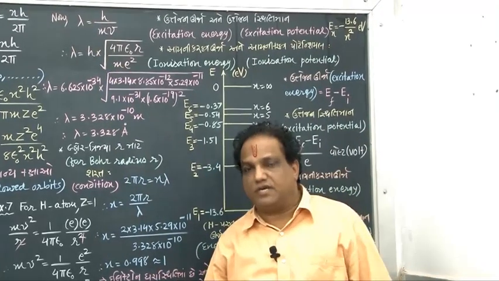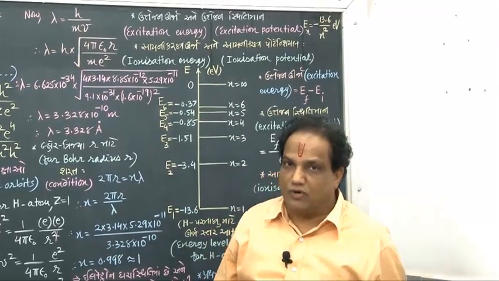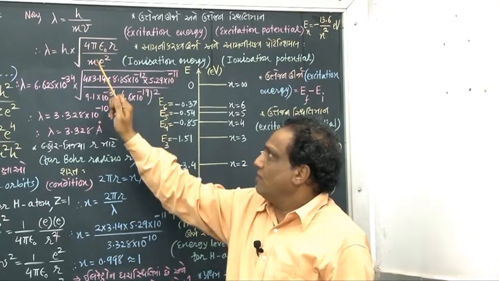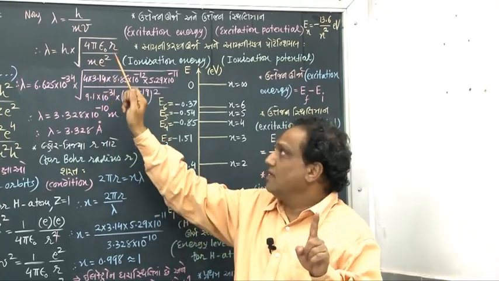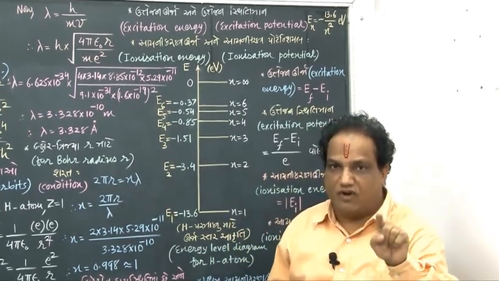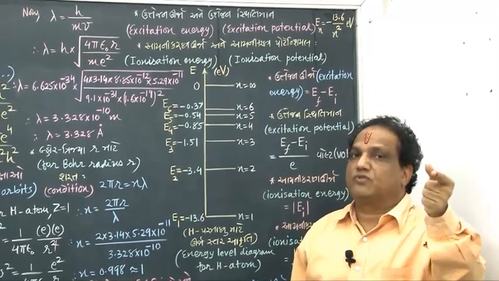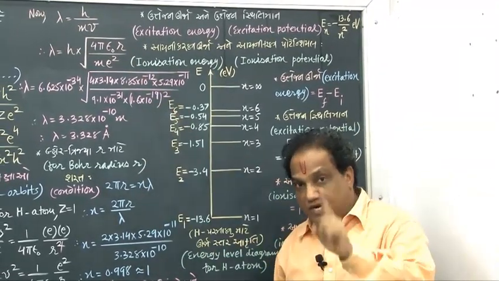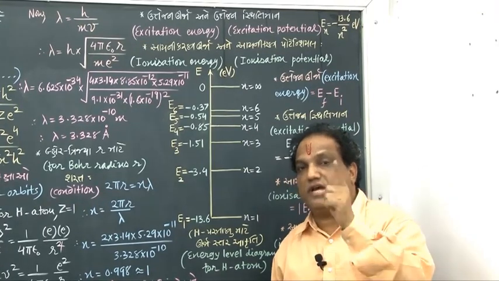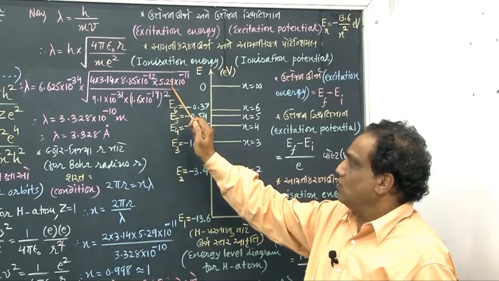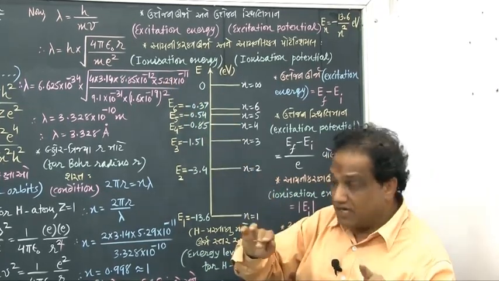h, Planck's constant, is 6.625 into 10 raised to minus 34 joule second, into under root of 4, pi value is 3.14. What about epsilon 0? Permittivity of vacuum, which is 8.85 into 10 raised to minus 12 coulomb square upon newton meter square. Small r is the radius of the circular orbit of the electron in the hydrogen atom, given in the statement as 5.29 into 10 raised to minus 11 meter.